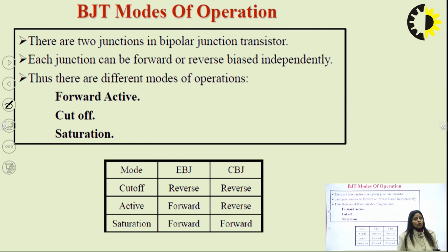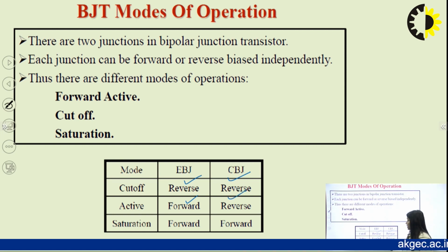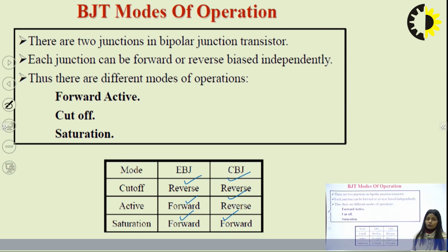If I talk of the cutoff mode, I need to make both junctions reverse biased. If I want the transistor to act in the active mode, it should be forward reverse. And if I want my transistor to act in the saturation mode, then I will bias it in forward forward.